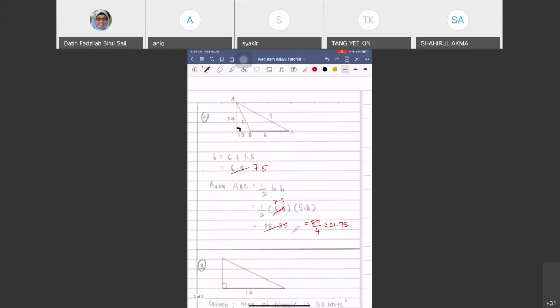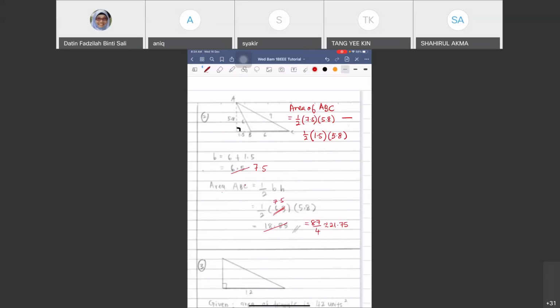You can say area of ABC equals half times base, which is 7.5, the one for the big triangle, times 5.8, and then minus half times the base of the smaller one, 1.5, times 5.8.